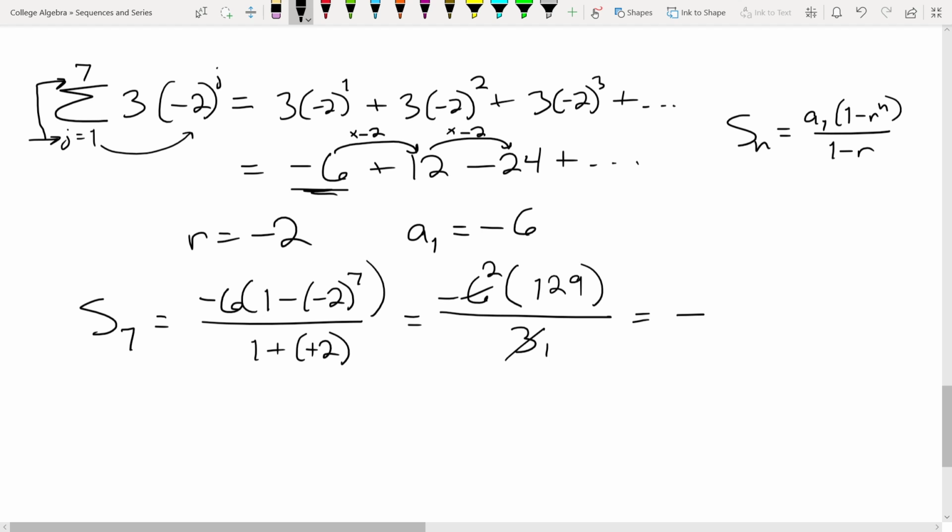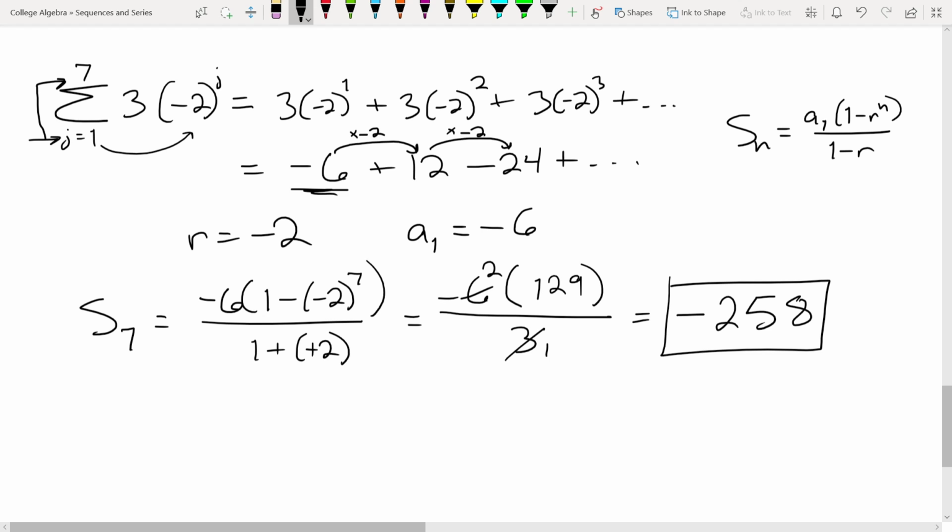And we get negative 129 times 2 is 258. So the sum of the first 7 terms in this series, and there's actually only 7 terms because it doesn't continue on. You could, however, continue the geometric sequence if you wanted to, but to find this actual sum, this is how we can do it. I would expand it, find what r is, find what A1 is, and go from there.